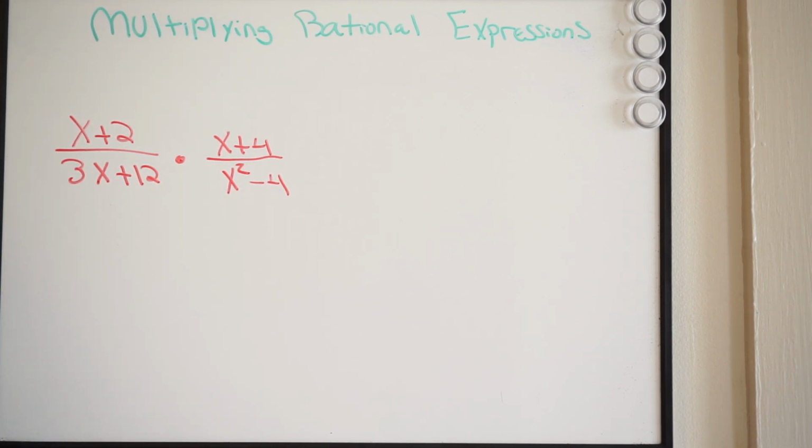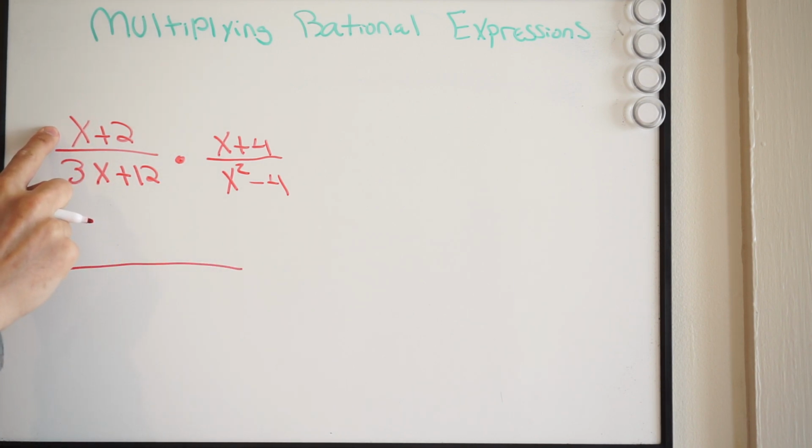Again, we're multiplying two rational expressions here. What you want to do is try to factor, if you can, because remember, we want to try to cancel out top and bottom. So this problem's a little bit different than the previous. I'm going to multiply this across and write it as one fraction.